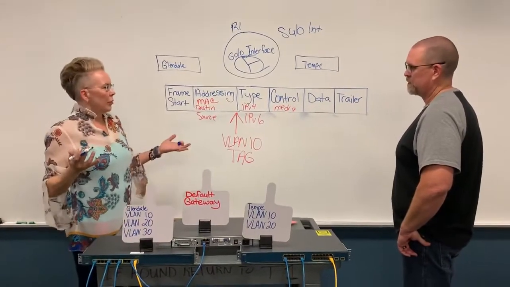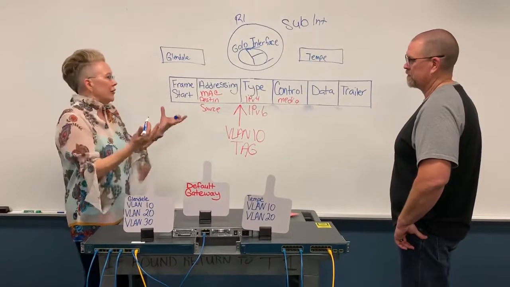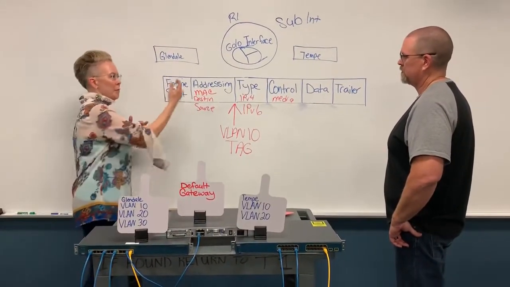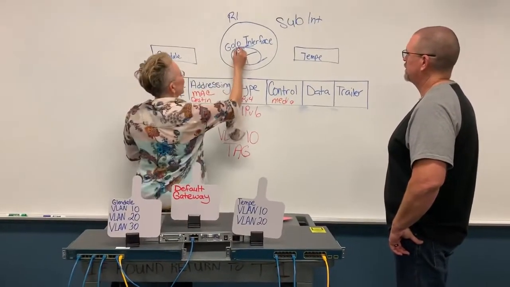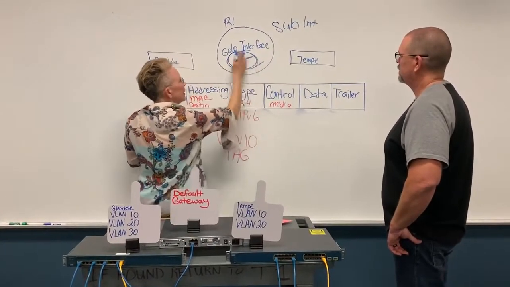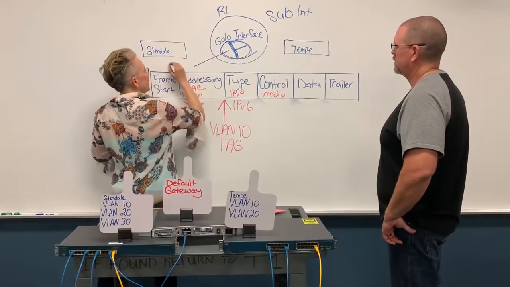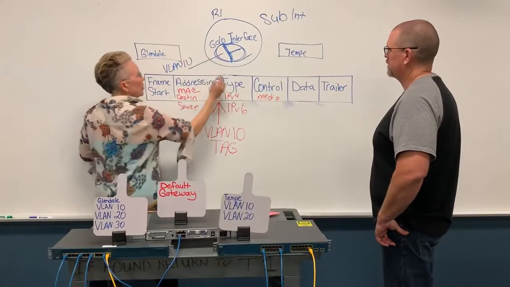I'm just subdividing the interface. Now, how is it that we can do that? Well, the router is just smart enough that it has software inside of it that can do that. Now, we're going to be learning the commands that make it do that through 802.1Q encapsulation. But essentially, here's my interface. I've subdivided it into 3 different sub-interfaces. So now I can get VLAN 10 across.